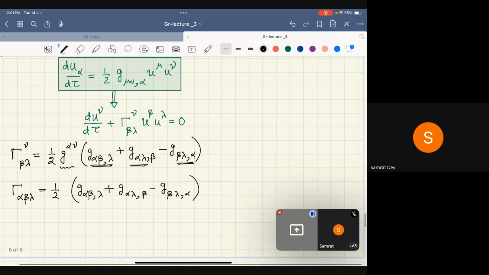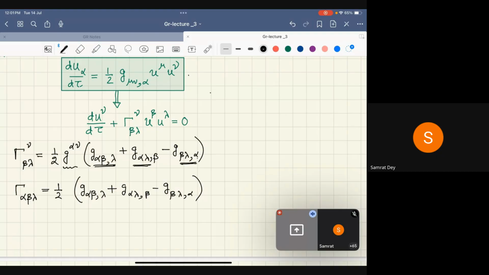So this is our well-known geodesic equation. Both of these are basically two different forms of the geodesic equation. So this governs the motion of the material particle in a given gravitational field.